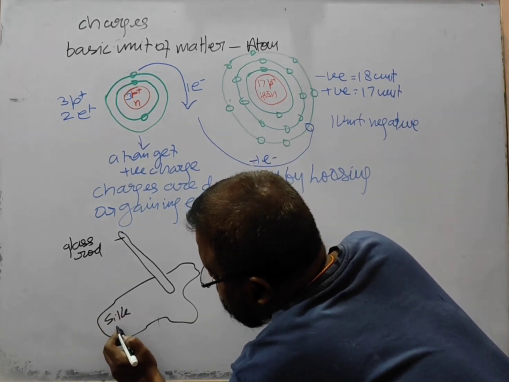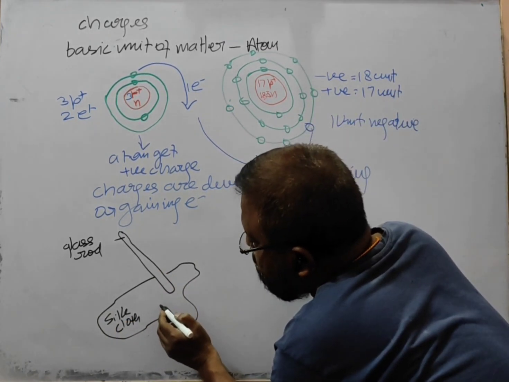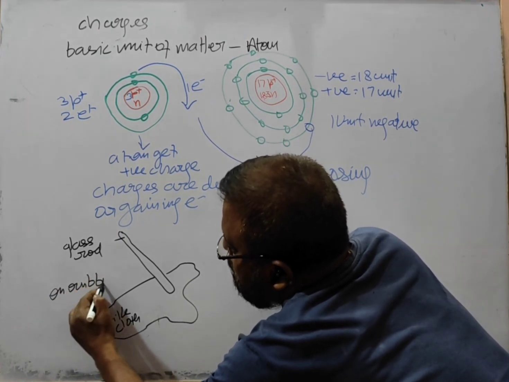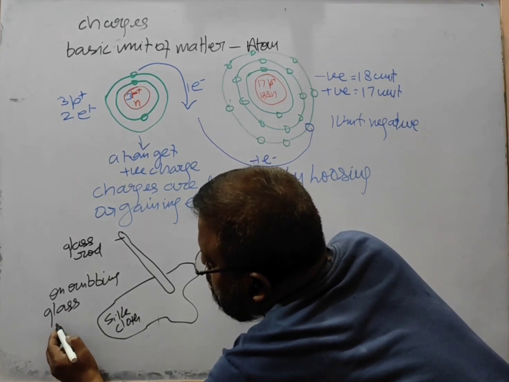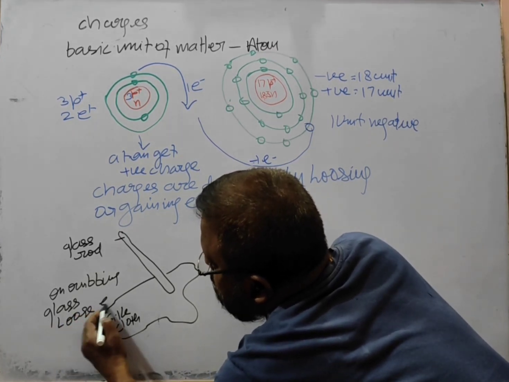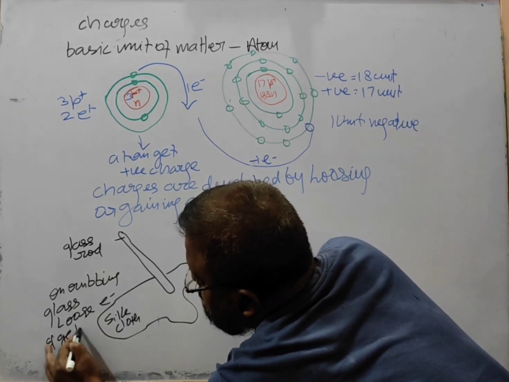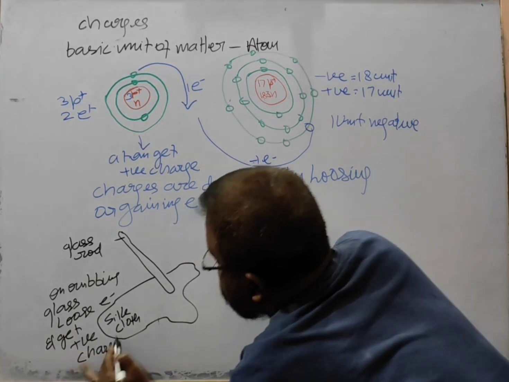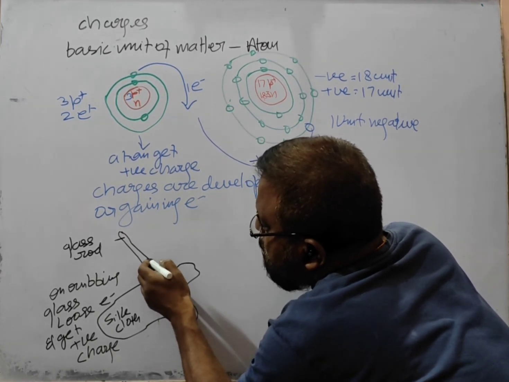What happens when you rub the glass rod with silk? The glass loses electrons and gets positive charge. So this rod gets positively charged.